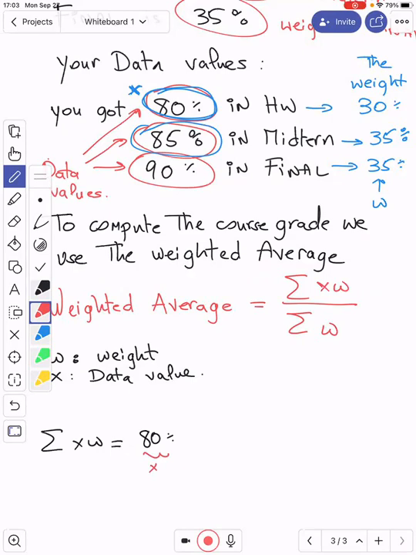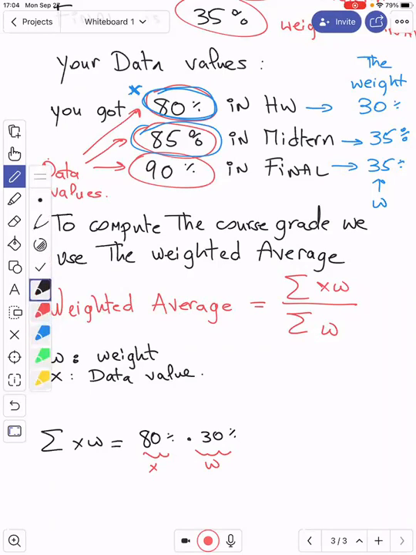What's the weight of the homework? It's 30%, so multiply by 30%. This 30% is the weight of the homeworks. So this is W. Okay, makes sense, guys? So this is for the homeworks.